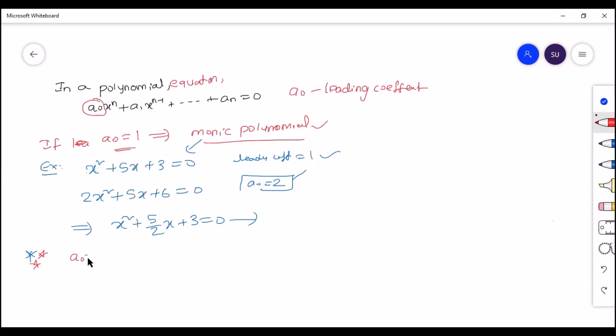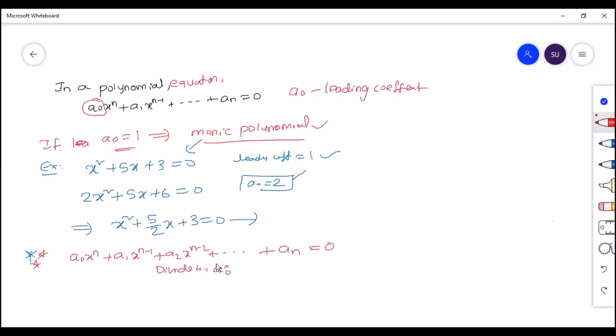Generally, a0 x power n plus a1 x power n minus 1 plus a2 x power n minus 2 plus and so on, an, is equal to 0. The leading coefficient is a0. To convert into a monic polynomial, what do we have to do? Divide by a0.